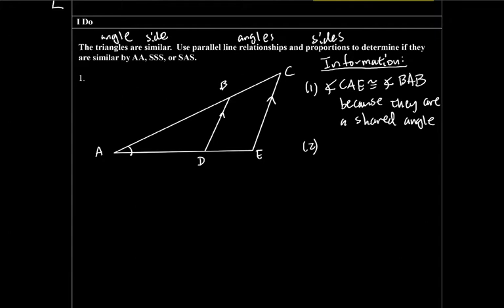Okay, so we see BD and CE are actually parallel. Alright, we can actually use that information. So, let's extend this and look at it like parallel lines.